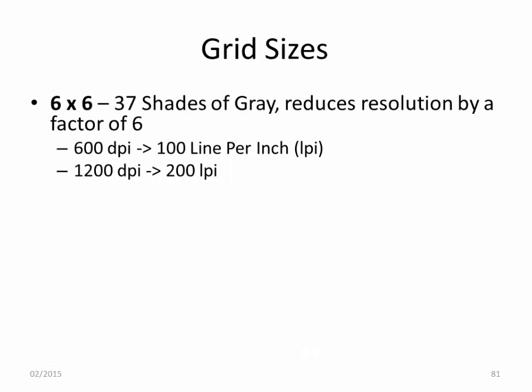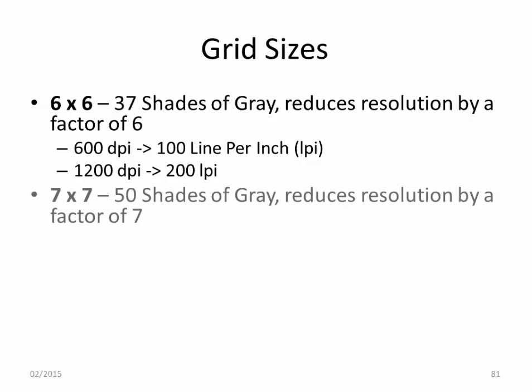So, for example, it can take a grid size, that was the term I was searching for. You can take a 6x6 grid size, and that grid is kind of a shade. It's part of your image. With 6x6, you've got 37 possible shades of gray that you can represent in that area of the image. So not a lot of resolution. If you want more shades, the only choice you have is to have a bigger grid. So I can go to a 7x7 grid. Now I've got 50 shades of gray that I can represent there.